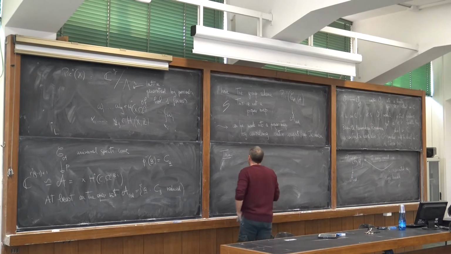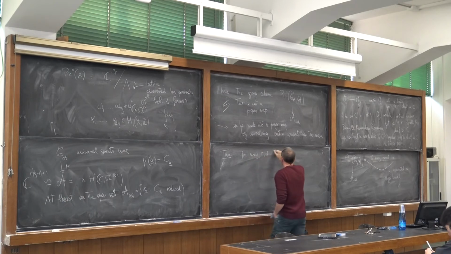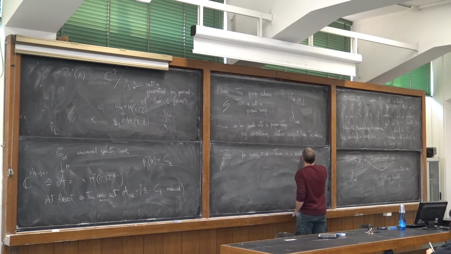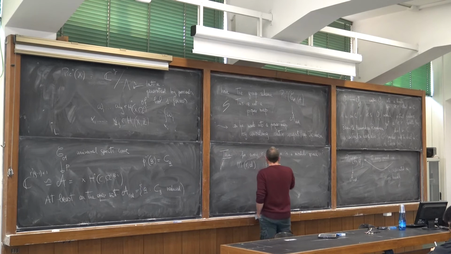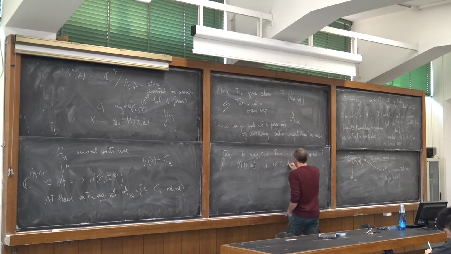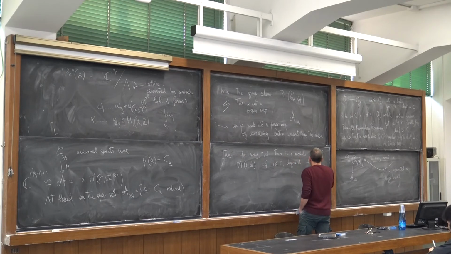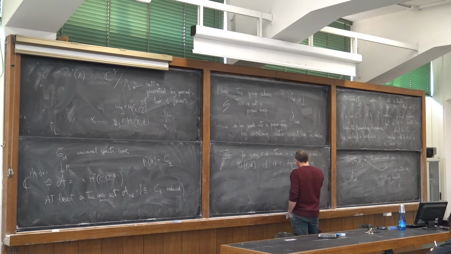So the theorem is the following. For every R and D, there is a moduli space called M_{R,D} of rank R, degree D Higgs bundles, semi-stable.